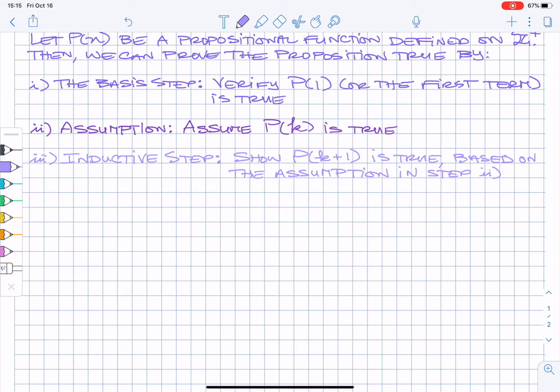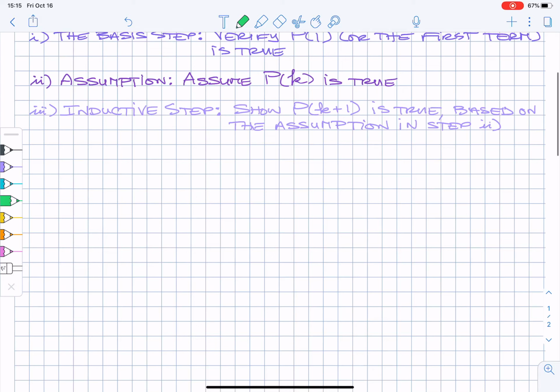Okay, so note. Induction can be thought of as the following. So the process of induction is to show P of 1.